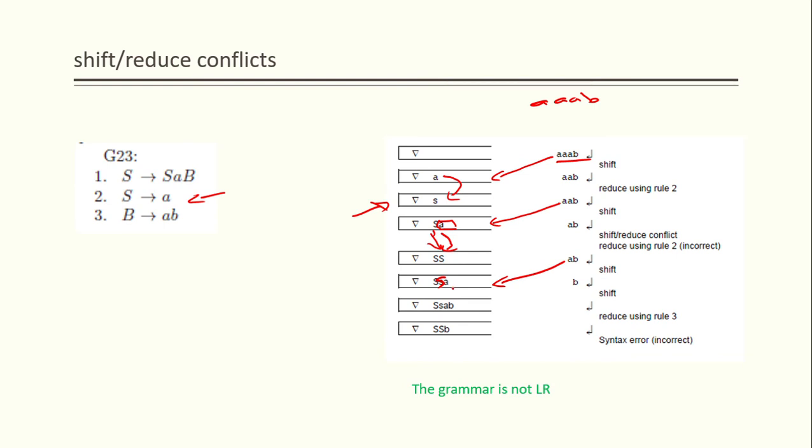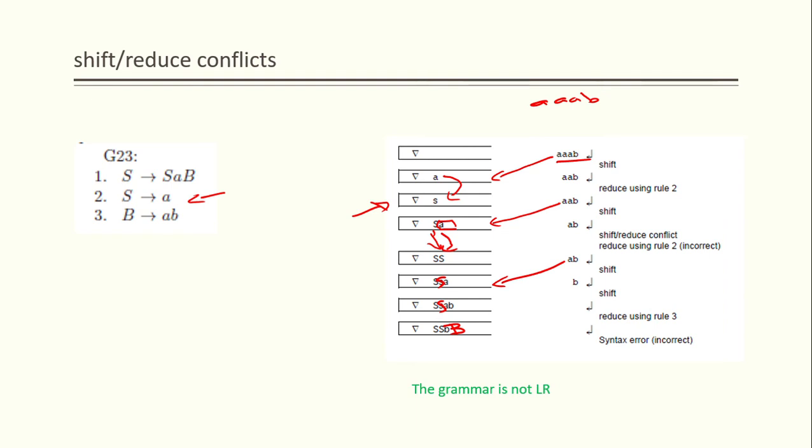SSA. All right. So you can reduce or you also can shift. For example, they choose to shift. If you choose to shift, then you get SSAB. Only then they reduce here using rule number 3. AB becomes B. So there is actually a conflict here where you didn't actually get into the accepting mode.